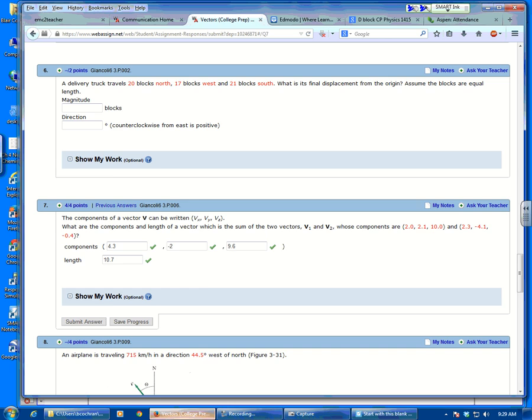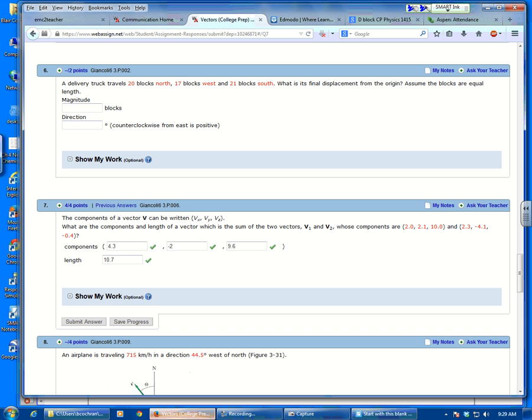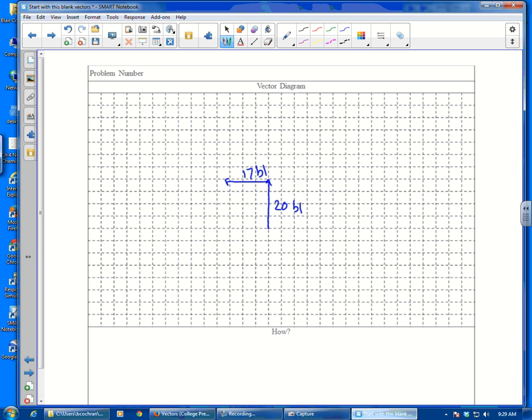17 west. So this is 20 blocks. This is 17 blocks. And 21 blocks south. And this is 21 blocks. So I've got this little circle route.